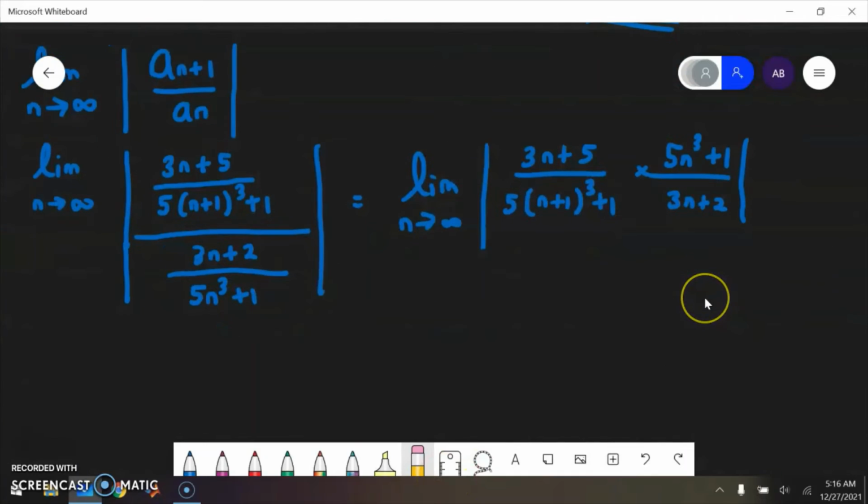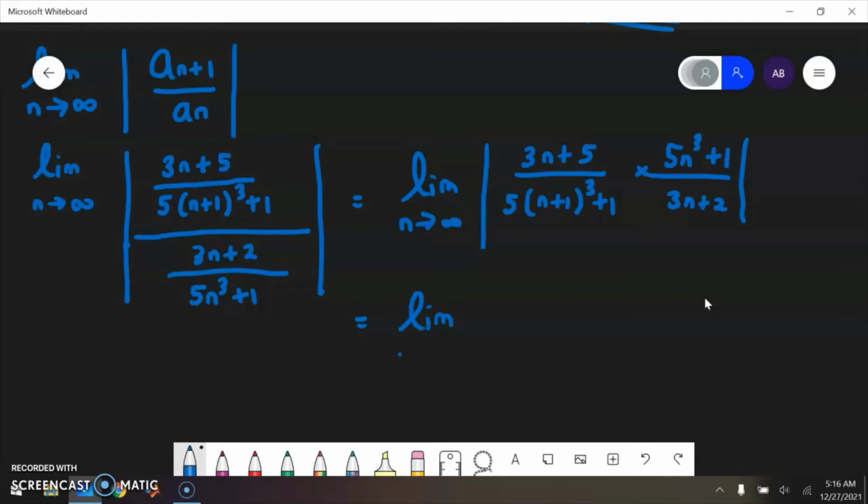Now I have to simplify this term. A few terms cancel out.